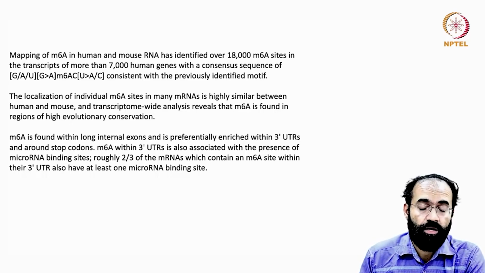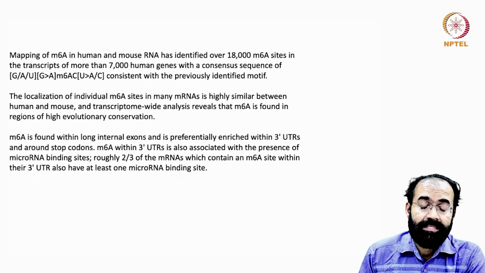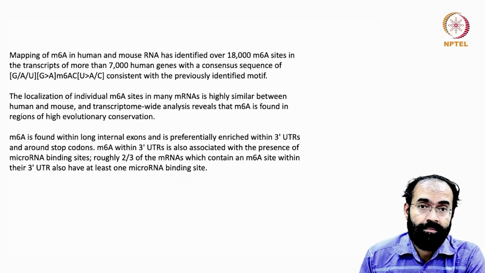Preference is given to G over A, and the next base is the M6A, that is, adenine is a must, which will be methylated, followed by a C, and the next base is U or A or C, but U is preferred over A or C. So this is the sequence you find.